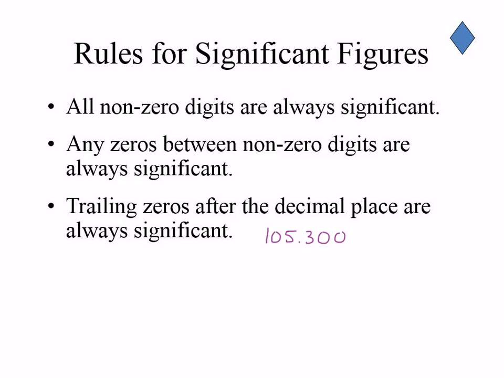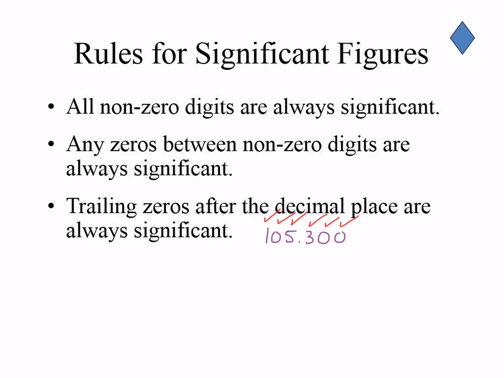Okay, so the 1 is significant, the 5 is significant, and the 3 is significant because of rule 1. This 0 right here is significant because of the second rule. And now these zeros are significant because they're trailing zeros after the decimal.